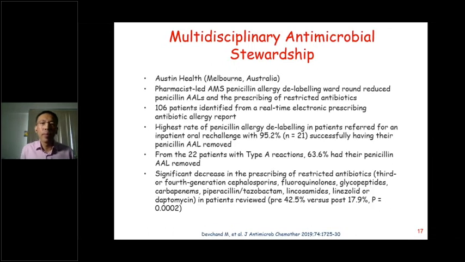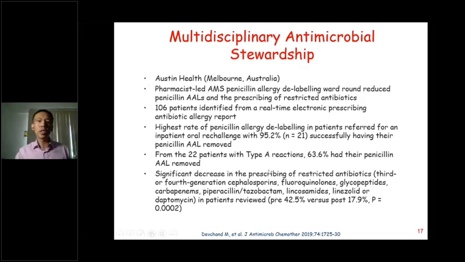One other study from Melbourne, Australia showed, again, a similar kind of success story, where they were able to demonstrate a fairly high rate of penicillin allergy delabeling in patients who were referred subsequently for an inpatient oral challenge. The success rate was up to about 95%, and patients had their penicillin antibiotic allergy label removed.